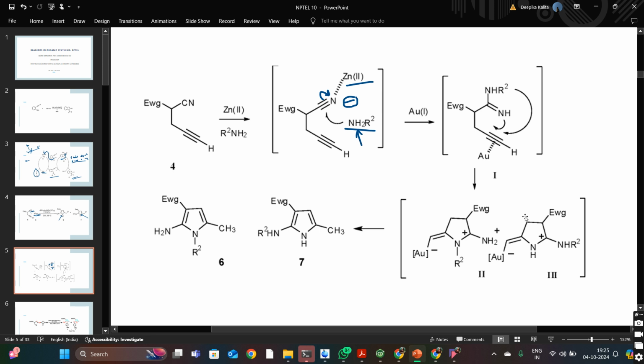Now this terminal alkyne is going to be activated by gold catalyst.